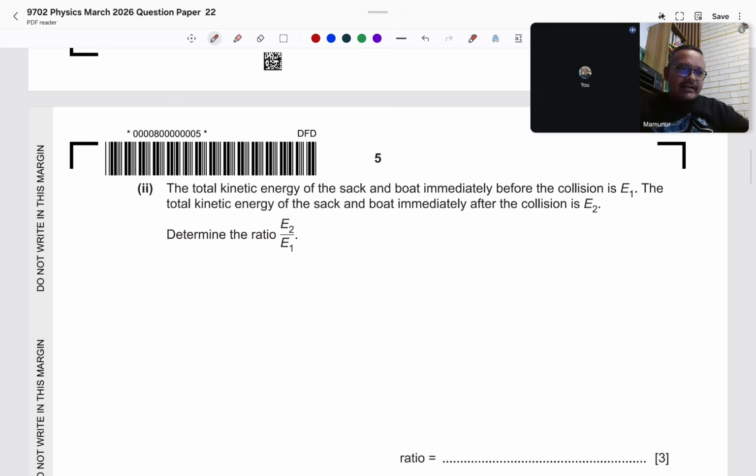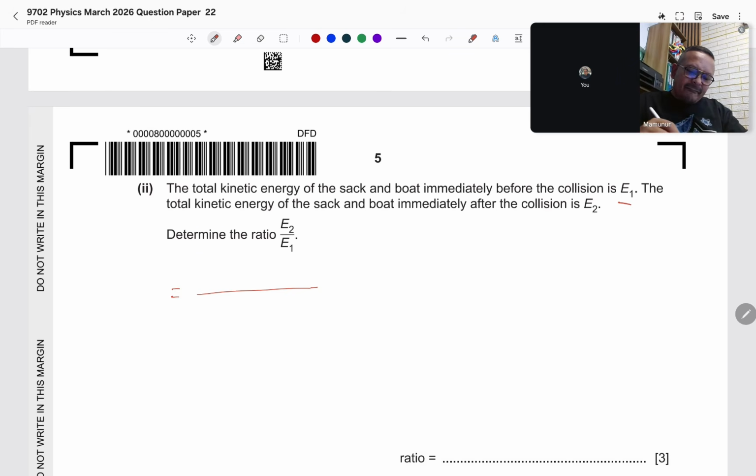Now it's about the kinetic energy. The total kinetic energy of the sack and the boat immediately before the collision is E1, and the total kinetic energy of the sack and the boat immediately after collision is E2. Determine the ratio of E1 and E2.